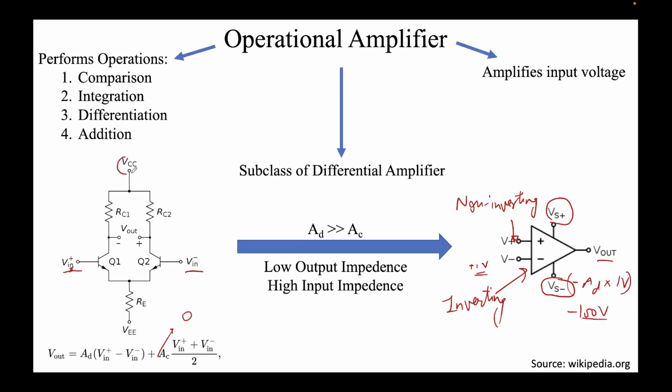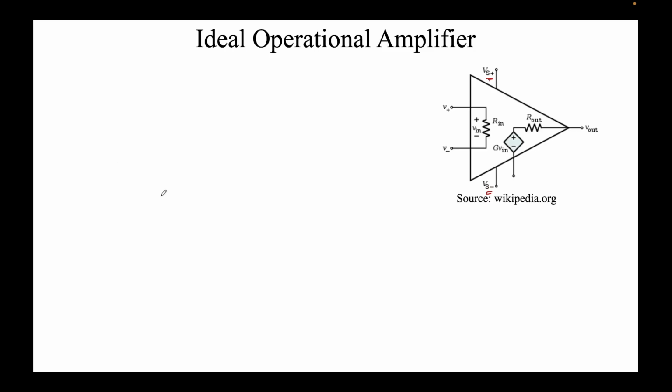You see VCC and VEE; these are power lines. In order for current to flow, there has to be some external power that we need to provide, which is denoted here by Vs plus and Vs minus. For example, Vs plus can usually be plus 15 volts, then typically Vs minus will be minus 15 volts.